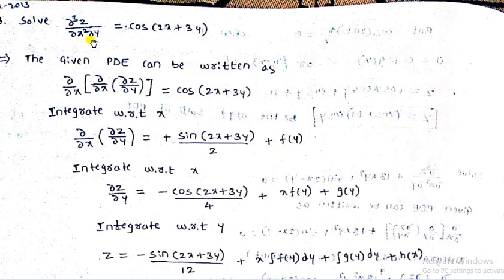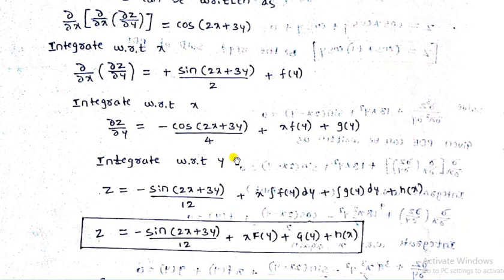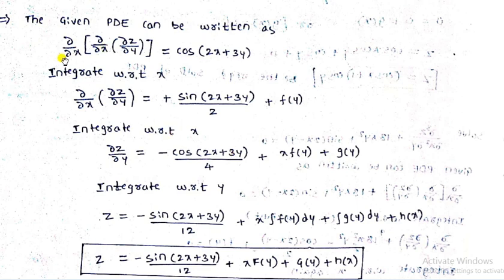Next one, del cube z by del x square del y equals cos of 2x plus 3y. So here also write del cube z by del x square del y as del by del x of del by del x of del z by del y. So integrate with respect to x and eliminate del by del x.